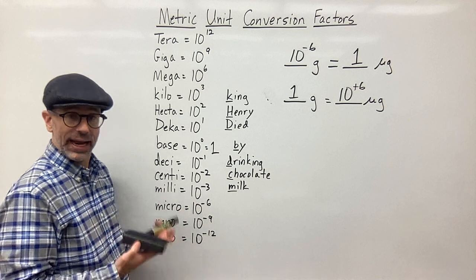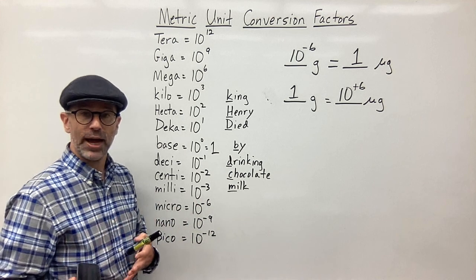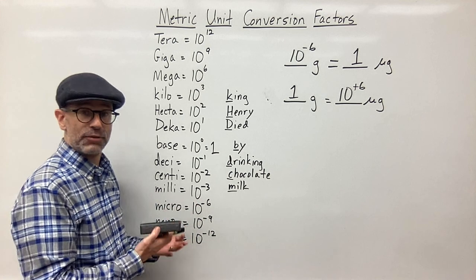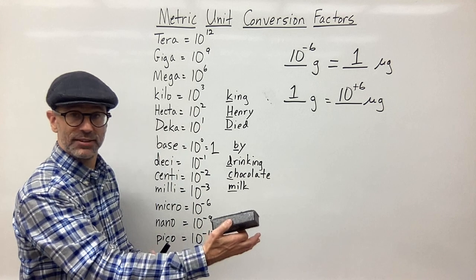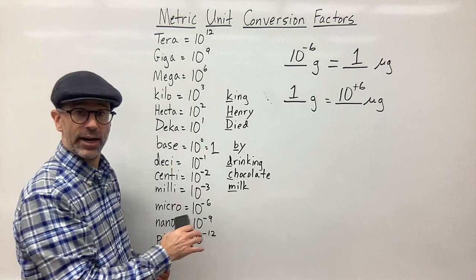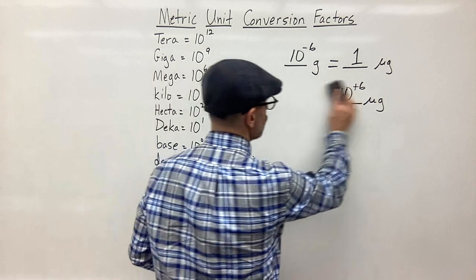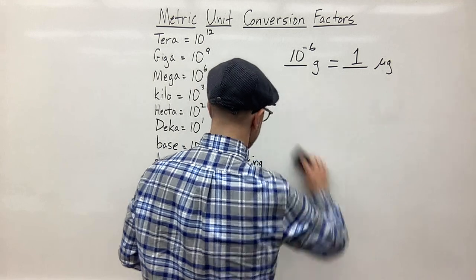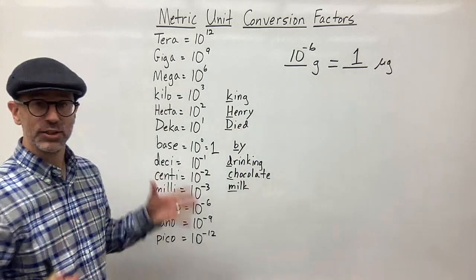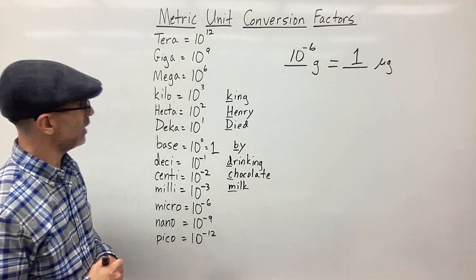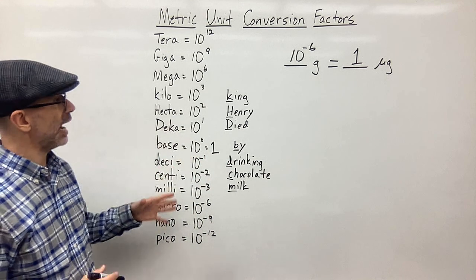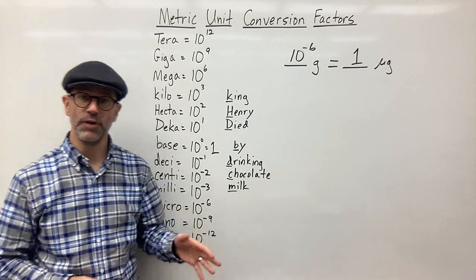I just take the multiplier for that prefix and I put it with the base unit. So the 1 goes with the prefix, the multiplier goes with the base unit. And so that way I will avoid any sorts of mistakes or confusions. Okay, so that is how you set up the conversion factors.